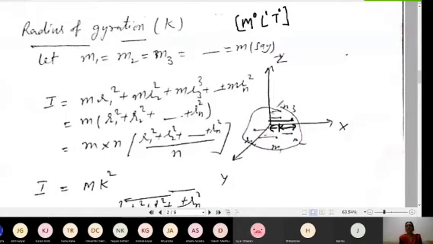It means if I have m1, m2, m3, all the particles, and I find the moment of inertia, then the same moment of inertia is found if I take the total mass of the body and the perpendicular distance. Like, suppose the body is at the center of mass, then the perpendicular distance from the center of mass can be taken.